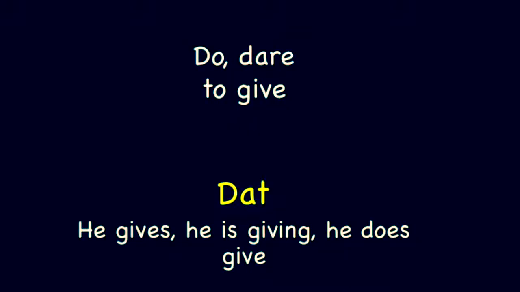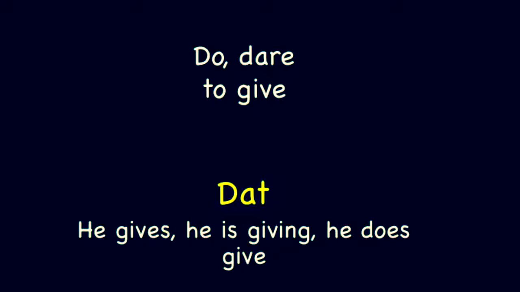For this next example, we will look once again at the verb to give, do, dare. Notice that now it ends with the letter T. T represents the subject he, she, or it. And it also tells me that the verb is in the present tense.